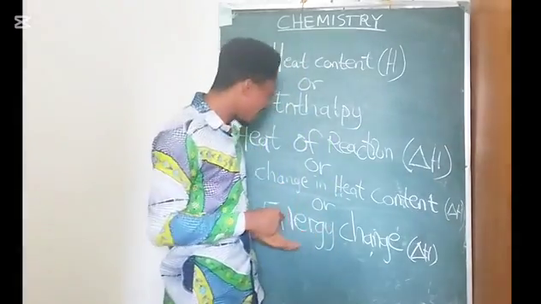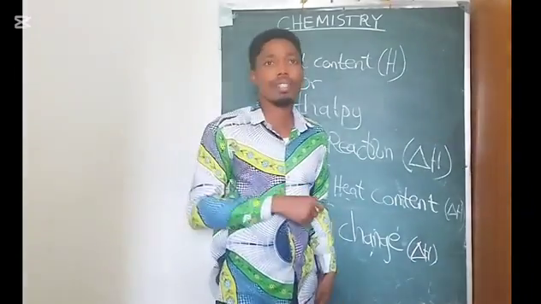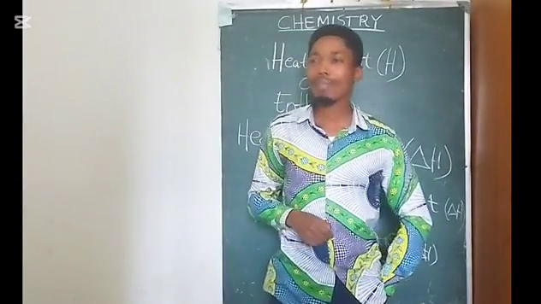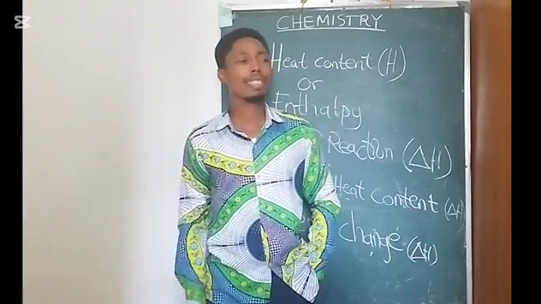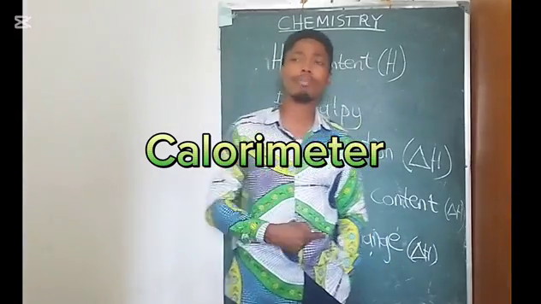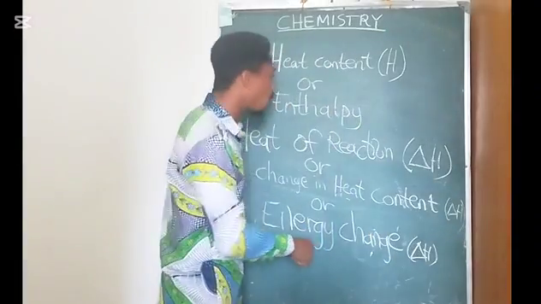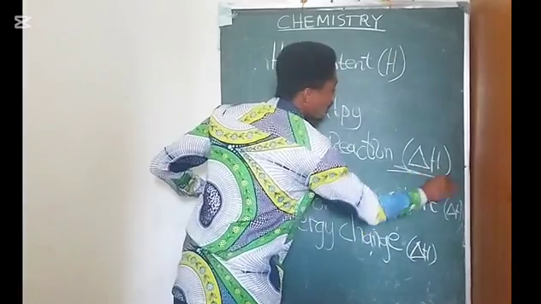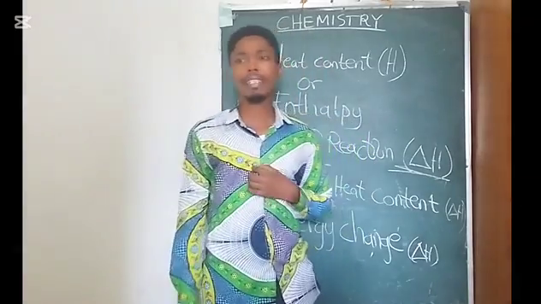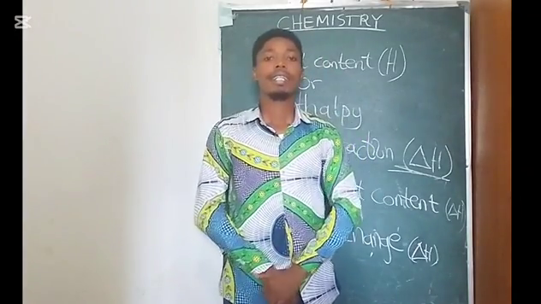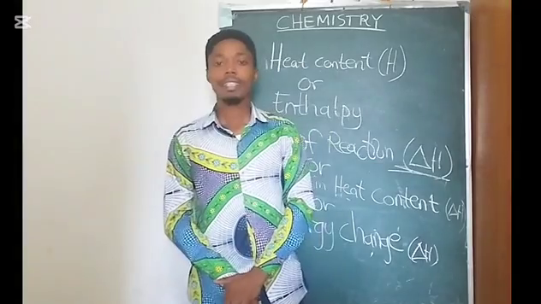But the energy change in a chemical reaction can be accurately measured using a calorimeter. So the calorimeter is an instrument used to determine the accurate values of delta H.